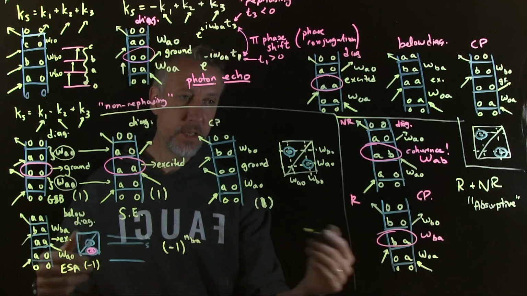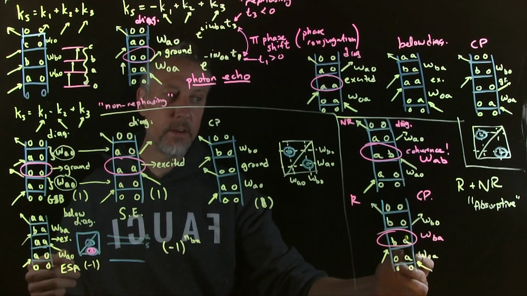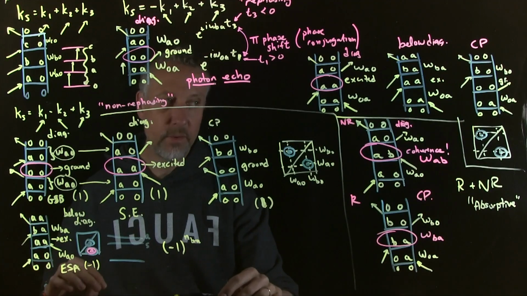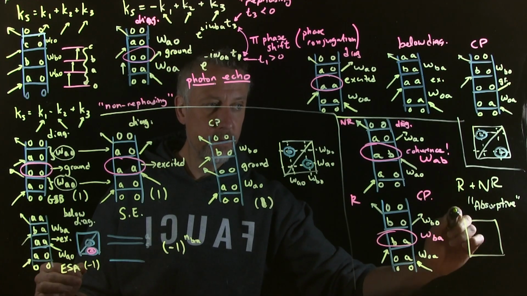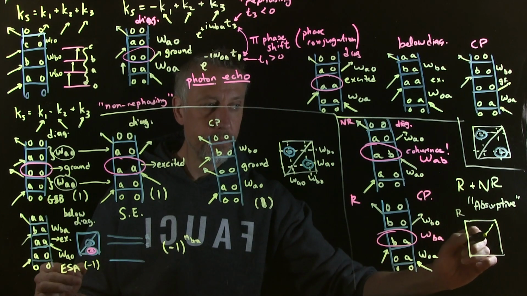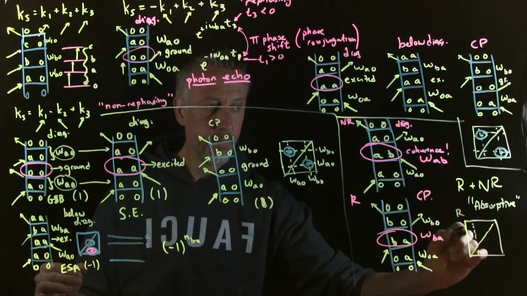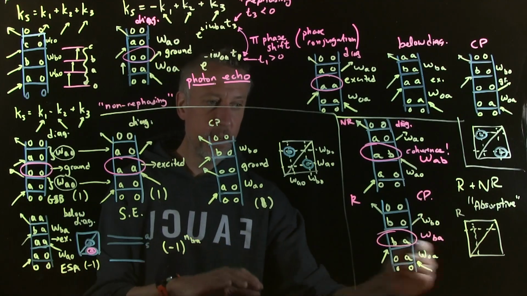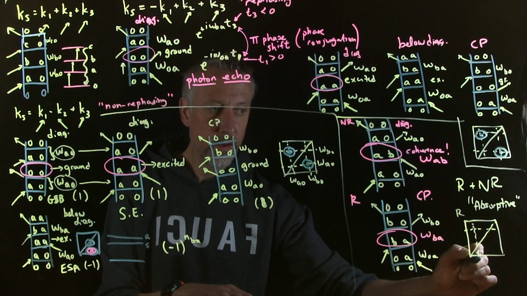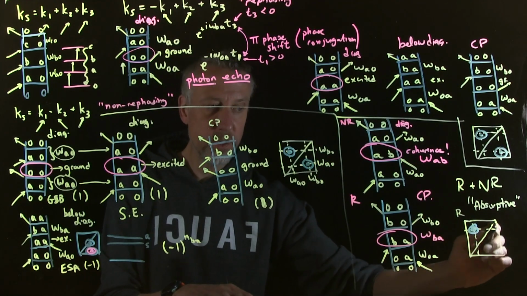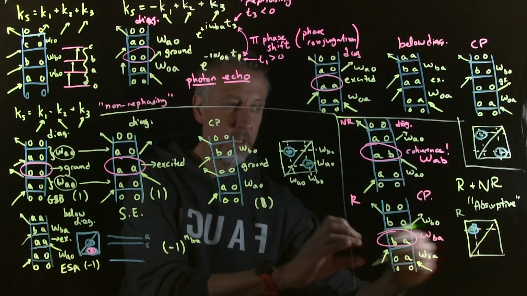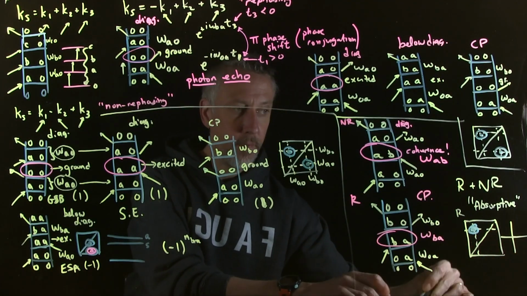All right, so then what you see here is that we can measure these coherences by looking at a point in the 2D spectrum. For the case of rephasing, you look at exciting omega 0A, and detecting omega 0B, and you'll see this cross peak here. And the idea is if you could look at its amplitude as a function of time, you would see it oscillates.